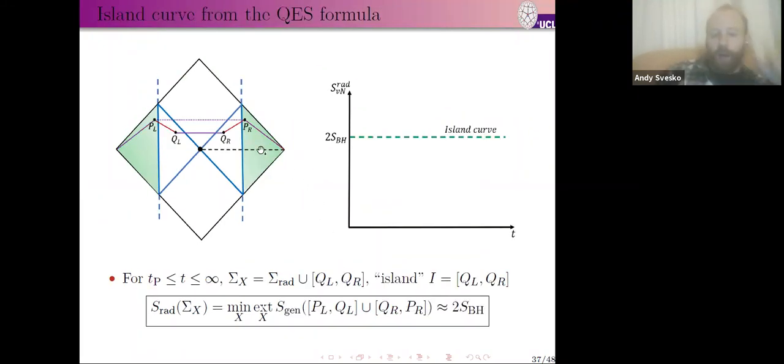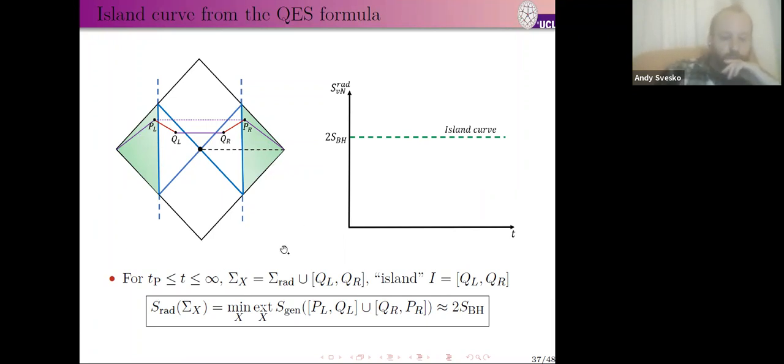Now, if you include an island region, things change. So now the region of interest, this sigma x, is given by the same regions we had before, sigma rad, plus an island, which is this slice here between QL and QR, which is the quantum extremal surface.